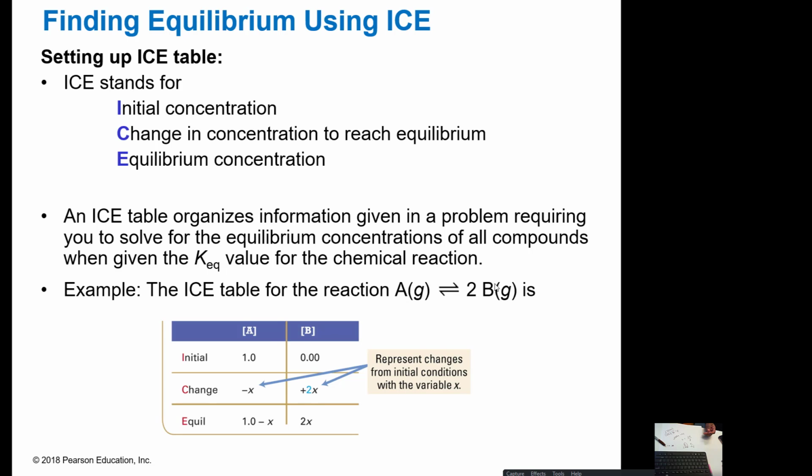Always like A to B, initial is A, you form B, at the beginning you have 1, negative x, 2x, because it's the easiest way to think of the ICE format. At the beginning you have only reactants, no products, negative x reacts, this is twice because it's 2B, and then 1 minus x, 2x.